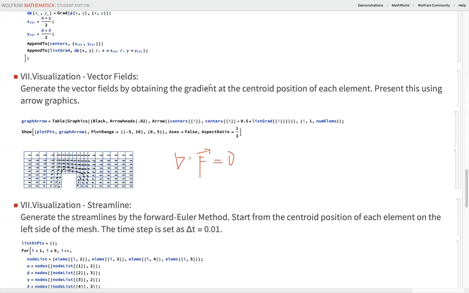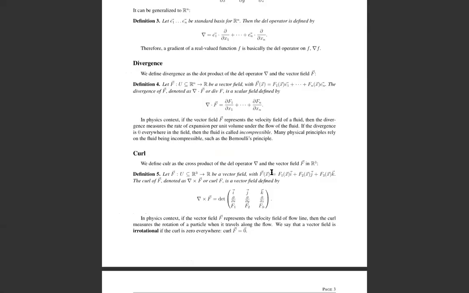Such a property, such a restriction, would be useful in other physical principles, such as the Bernoulli principle.